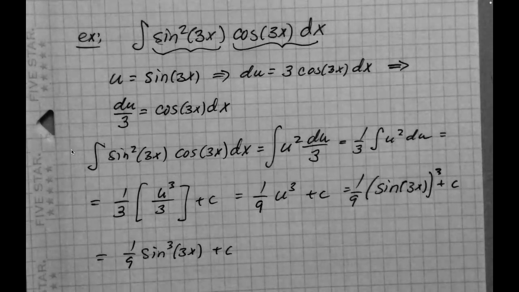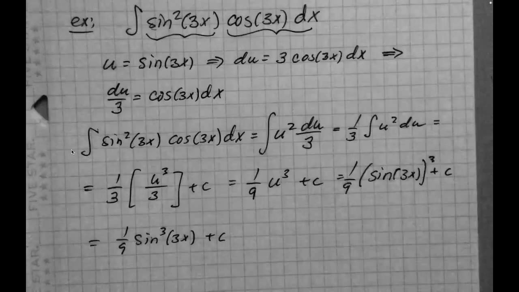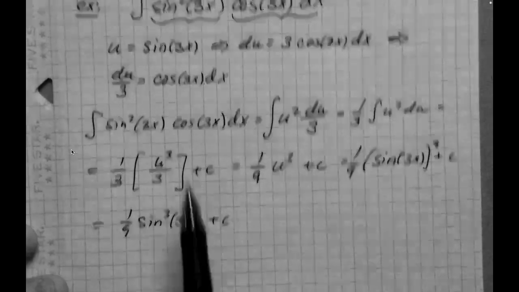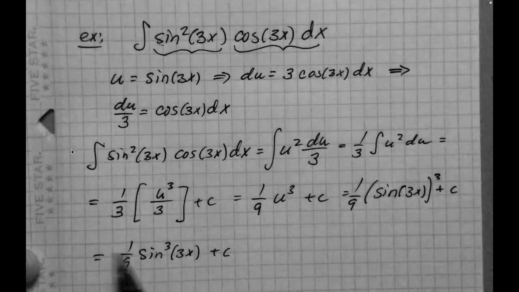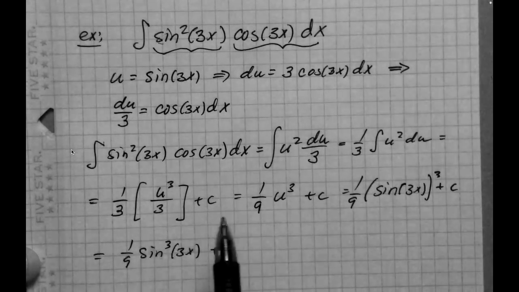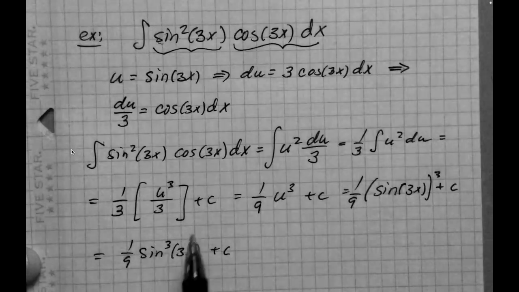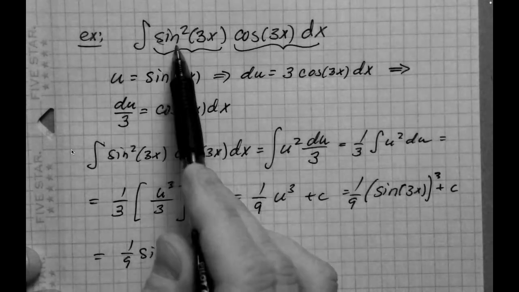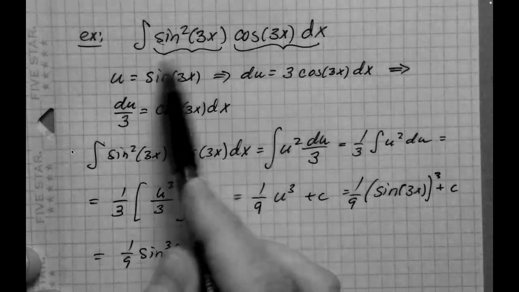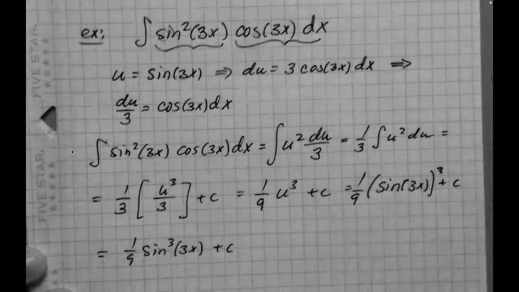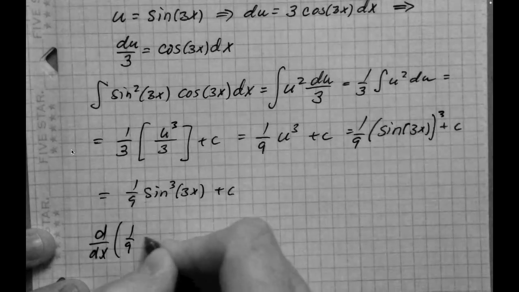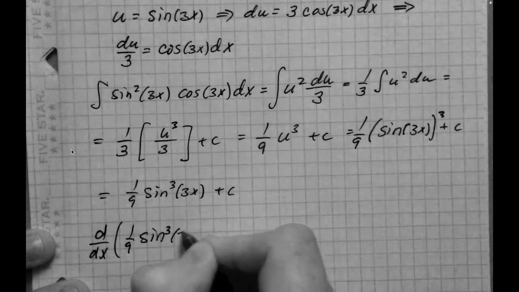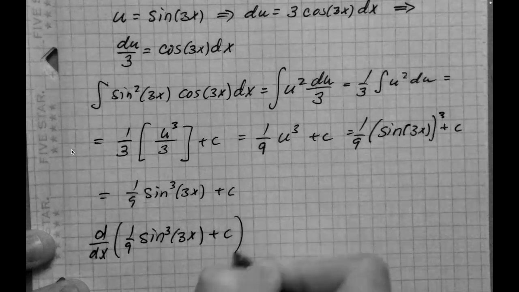Now, just like we've seen in the past, any of these integrals that we evaluate, we can confirm the accuracy by differentiating, right? If I wanted to check this, I could differentiate this and I would expect to get back this integral. So let's differentiate 1/9 sine cubed 3x plus c.